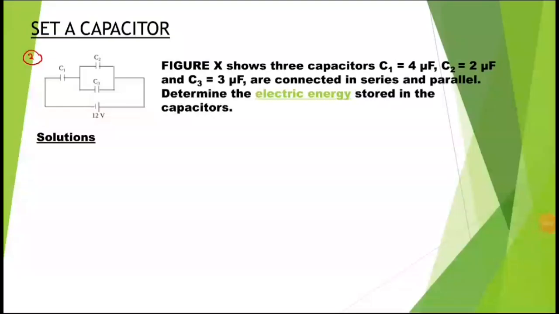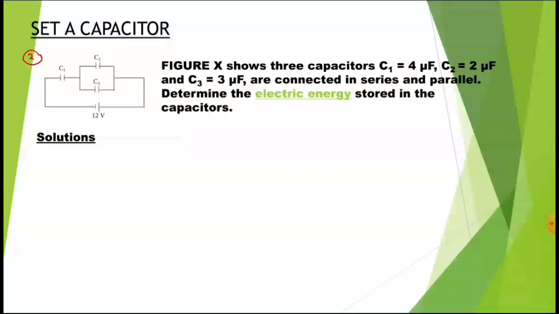Okay, for question number 2 for set A, so given circuit of capacitor consists of 3 capacitor C23 in parallel and C123 dengan C12 dia series. So, kita settlekan. So, question dia nak determine the electrical energy stored in the capacitor.